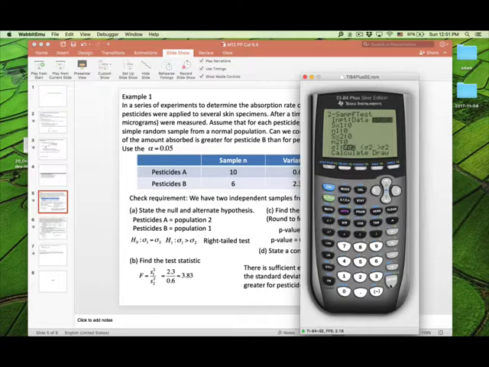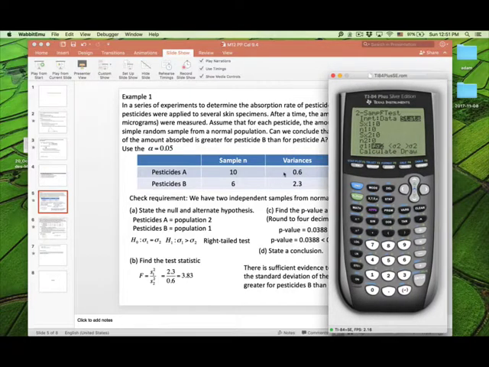They give the statistic, okay? And then this is the standard deviation, okay? Not the variance. But now they gave the variance. So we need to do the square root of 2.3. That will be the standard deviation.